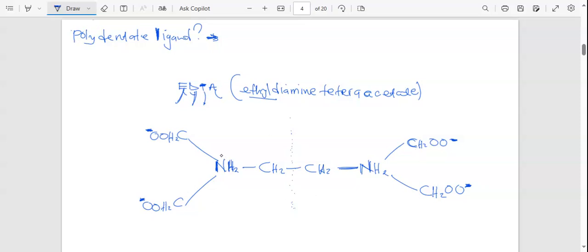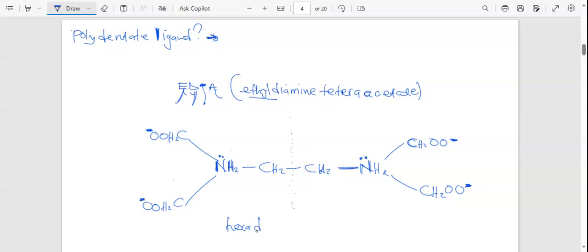By the way, there are also other electrons there and also other electrons there. Because nitrogen is supposed to be bonded to four things, and we have 1, 2, 3 so far. So in short, we have 1, 2, 3, 4, 5, 6. So this is hexa in terms of ligands, or donor atoms. Hexa what?